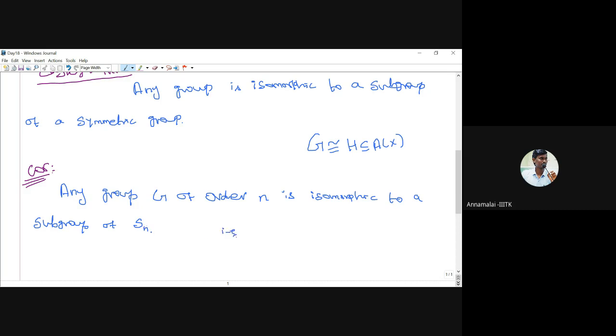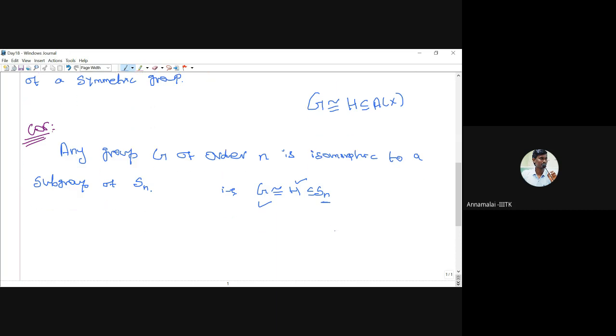That is, G is isomorphic to a subgroup H, and this H is a subgroup of S n. Anyway, this subgroup also has order n, but it is a subgroup of S n. Therefore S n is very important, because any group is isomorphic to a subgroup of a symmetric group. You should know all the properties of the group S n. So this is a very important theorem.